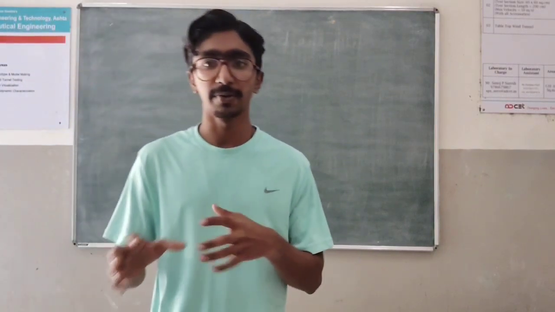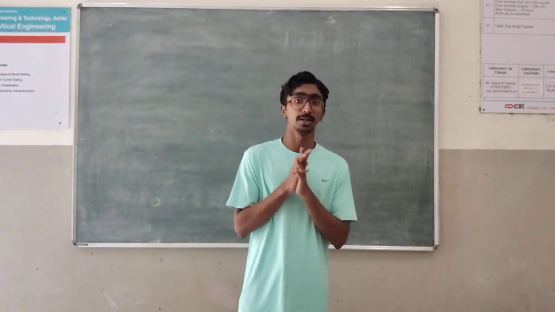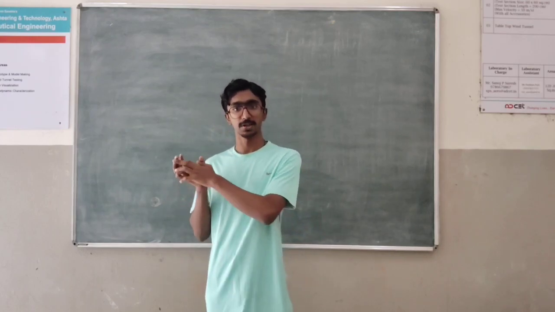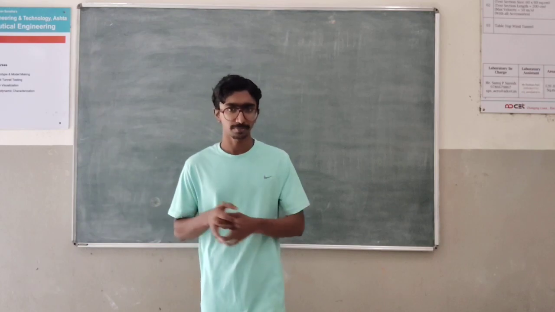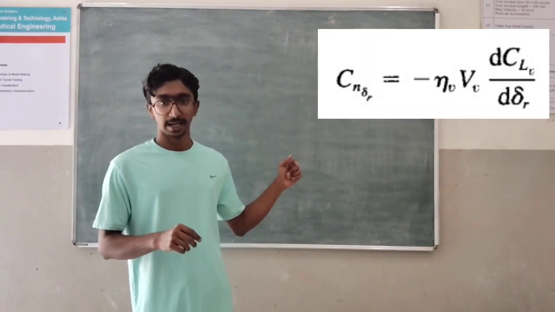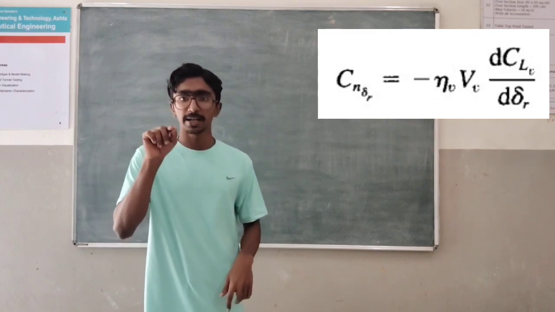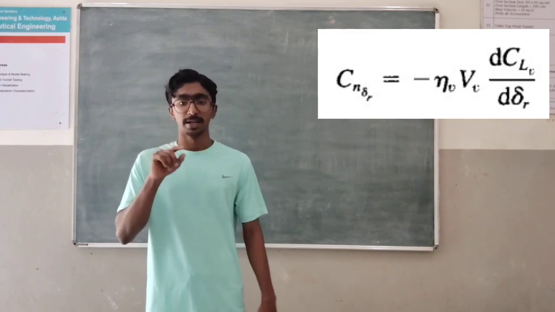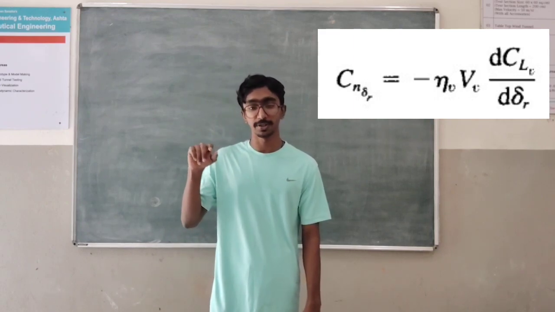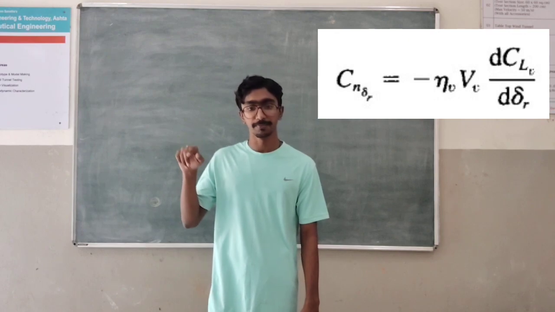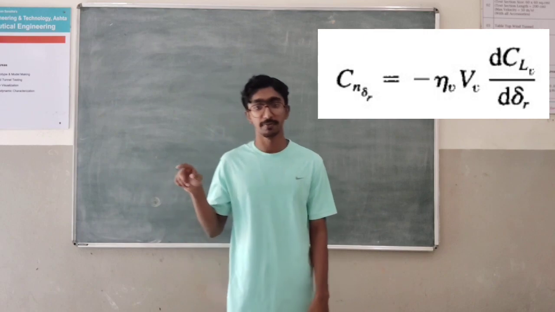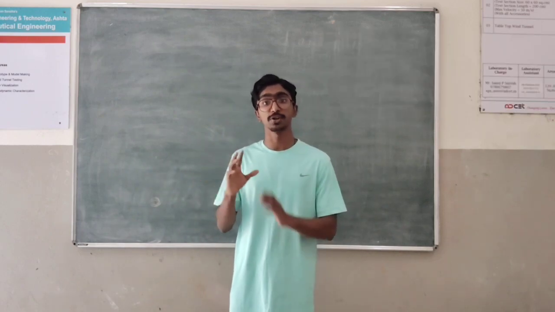So it will have a deflection with respect to the rudders, and it will also have its coefficient of moment. It is given by Cn tau r, where r represents the rudder, and will be equal to the negative of the efficiency of the rudder, velocity V, and the differentiation of the coefficient with respect to the deflection of the rudder.